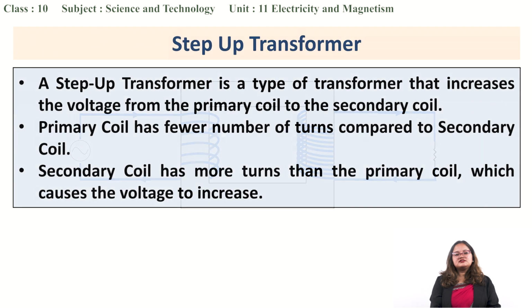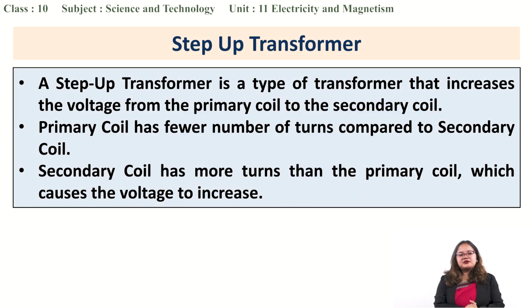The first one is the step-up transformer. Let's start with the step-up transformer. It is a transformer that increases the voltage from the primary coil to the secondary coil. What does step-up mean? It has the meaning in its name itself.